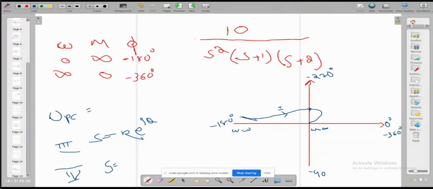For path number 4, you will put s equals to small r e to the power j theta, where small r equals epsilon e to the power j theta.